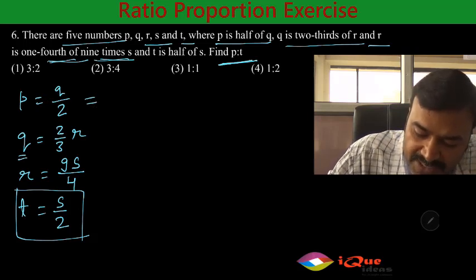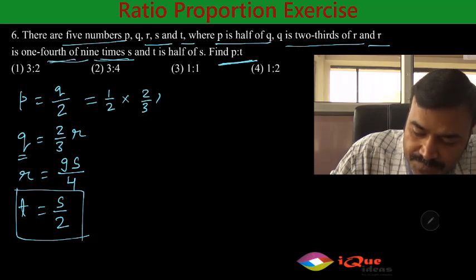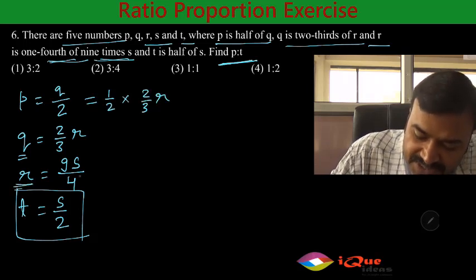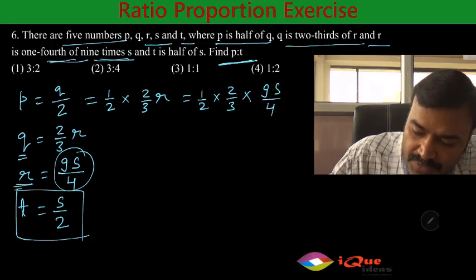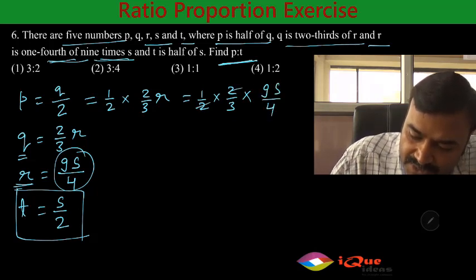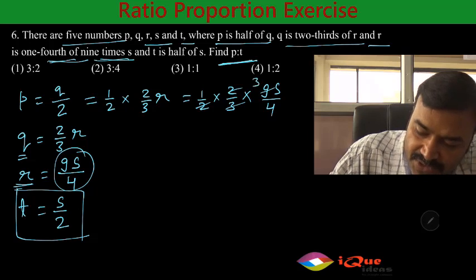In place of Q, take 2 by 3 R, so it is 1 by 2 into 2 by 3 R. Now R can be expressed as 9S by 4. So it becomes 1 by 2 into 2 by 3 into 9S by 4. The 2 and 2 cancel, and 3 cancels 9 three times. So we are left with P equal to 3S by 4, and we already have T equal to S by 2.